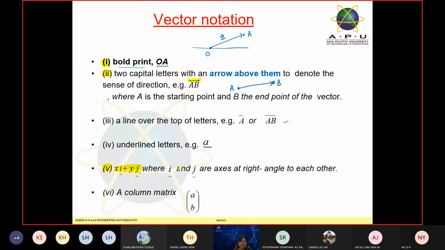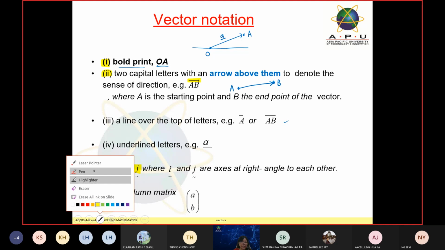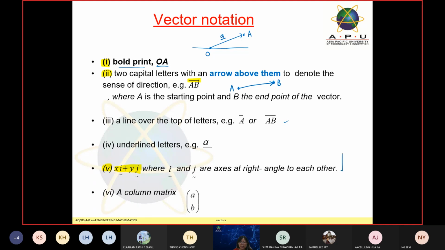These three are quite common. Here i and j are axes at right angles to each other, referring to two different axes, i and j.